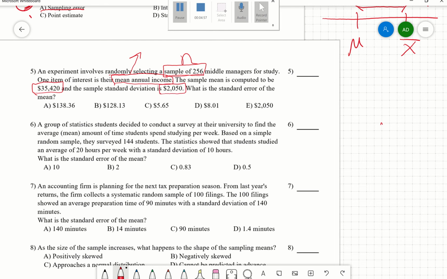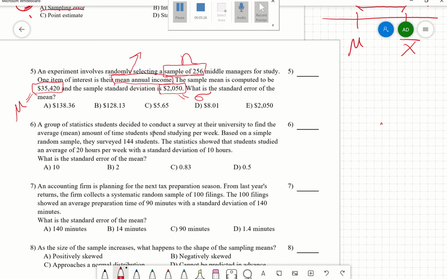This is very important: we don't actually have the population mean and standard deviation, mu and sigma. But you have to assume the given mean and standard deviation are the population mean and the population standard deviation.